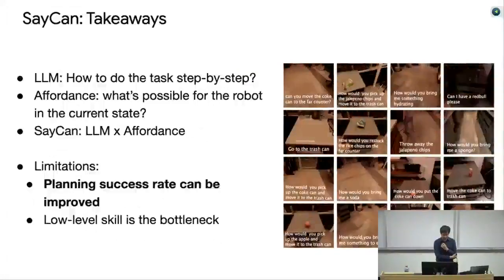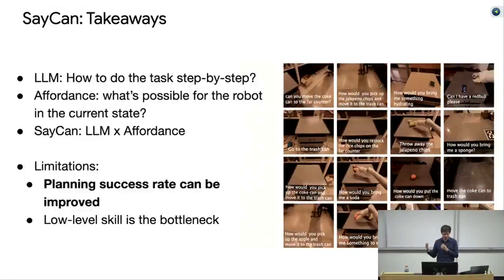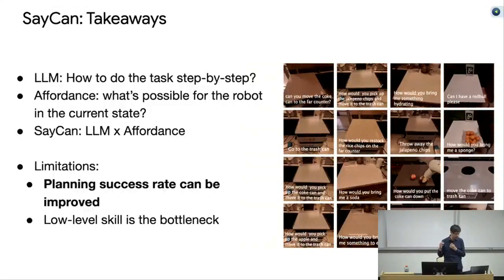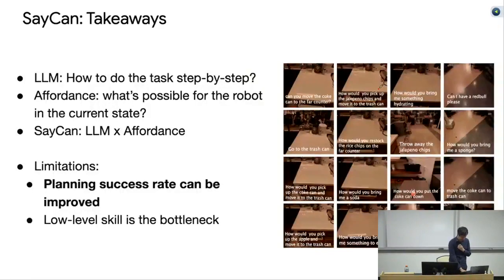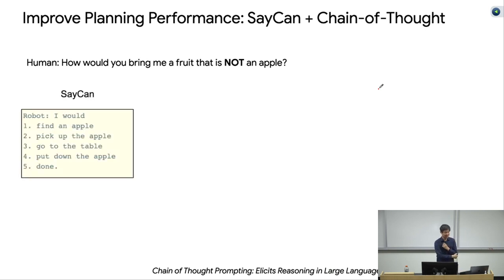So I'm going to talk a little bit about the planning success rate here. After the SayCan paper was published, we have a couple of follow-up papers to improve the planning success rate. One technique is called chain of thought prompting. I'm not going to dive into the details, but I just want to give you one example to give you some flavor of how it looks. If the human says, "How would you bring me a fruit that is not an apple?" If you just apply SayCan, it will just see the apple and bring you the apple. Totally ignore that "not".